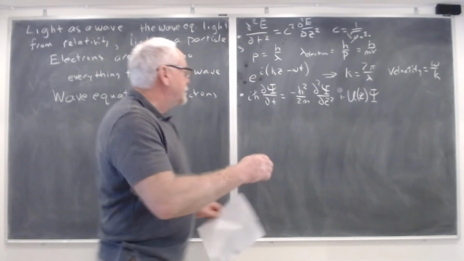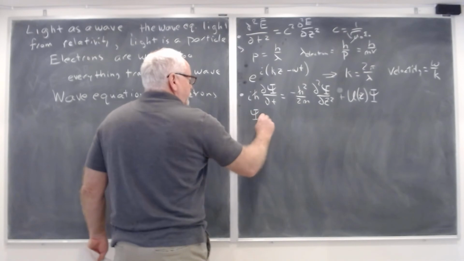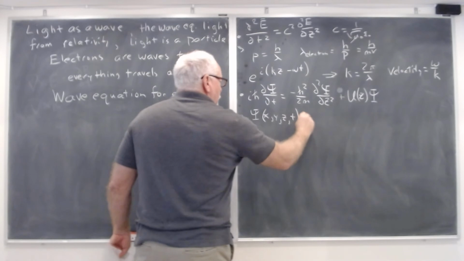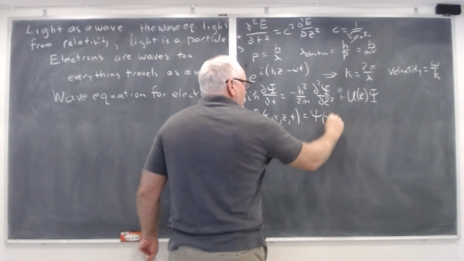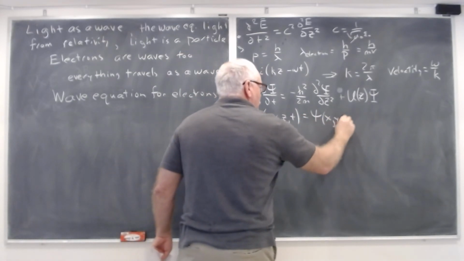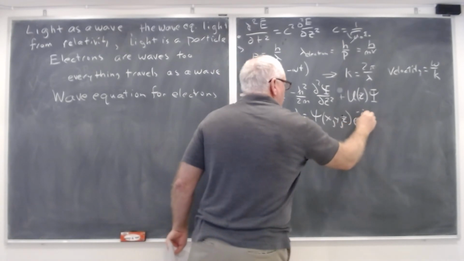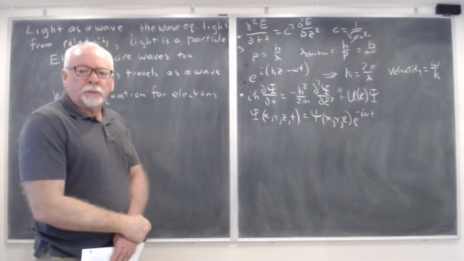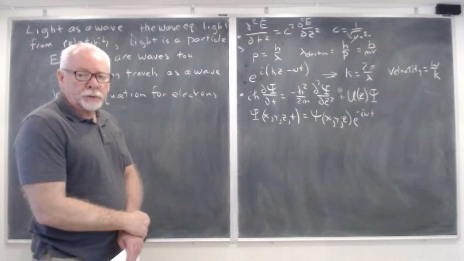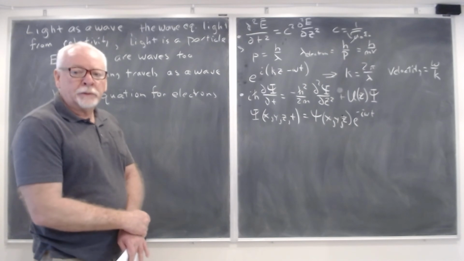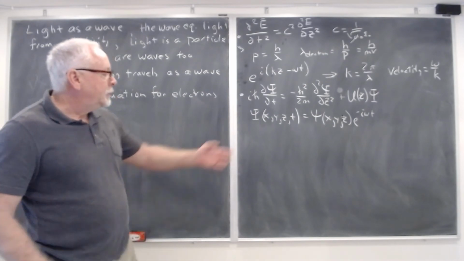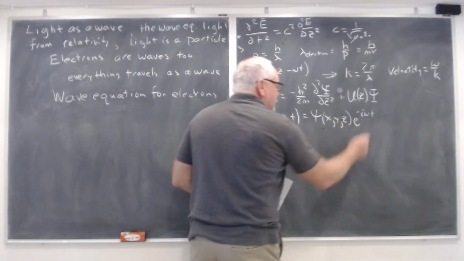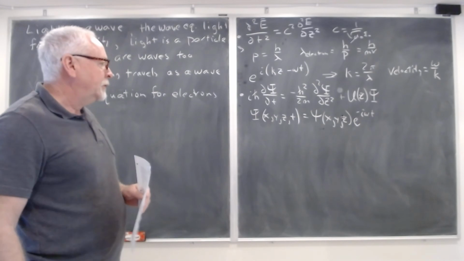And in fact, generally, the solution of an electron wave, whether it's moving through space or moving through a crystal or standing in a resonator, is that it is a function of space and time, where the function of time is always e to the minus i omega t.